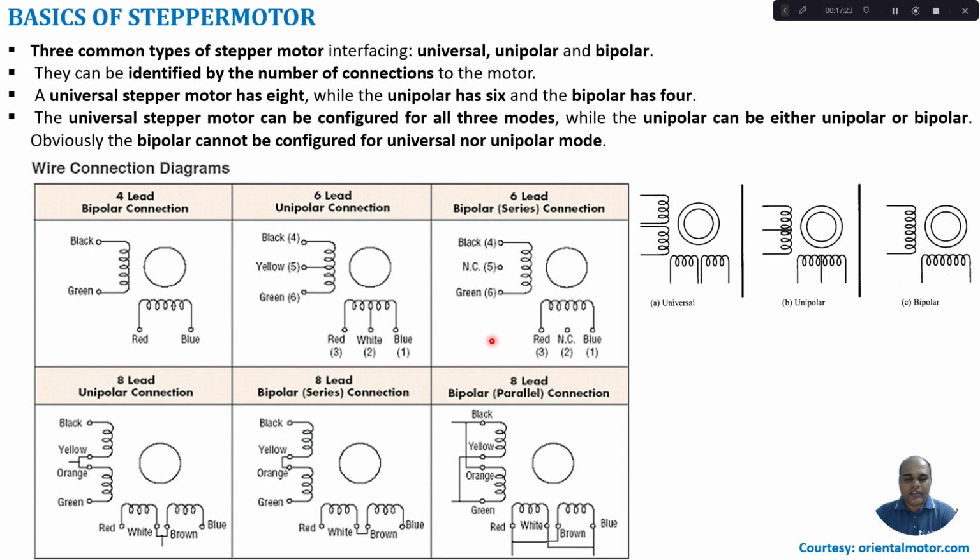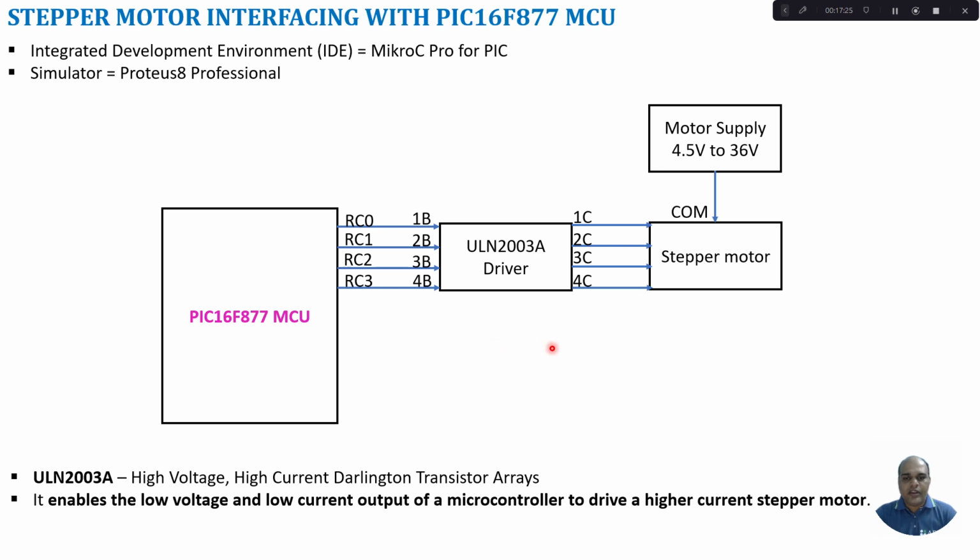Now let us discuss about the programming part. So we are going to take PIC16F877 microcontroller and I am going to use a ULN 2003A motor driver. So this ULN 2003A is a high voltage, high current Darlington transistor arrays. Why it is required?